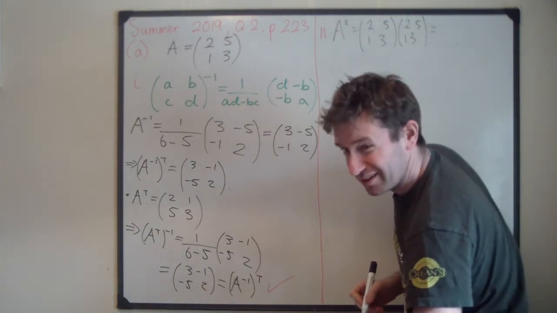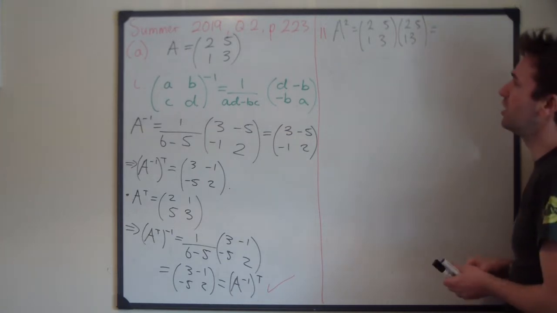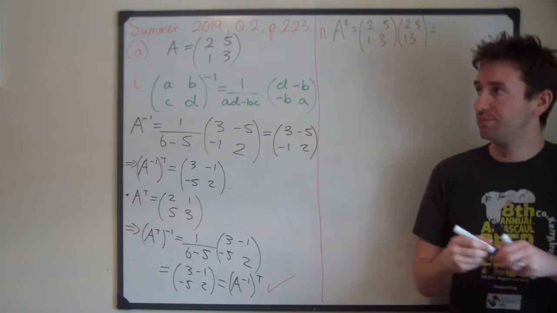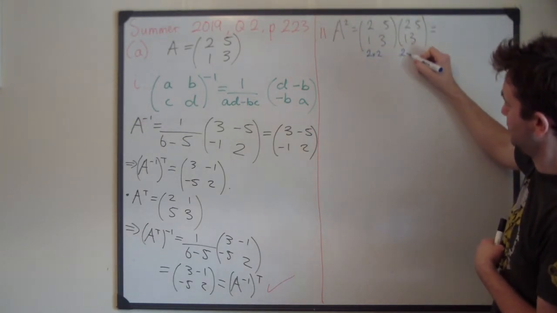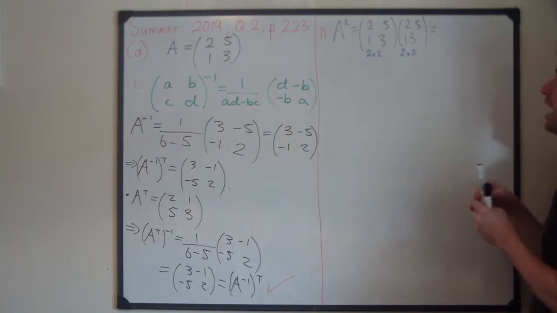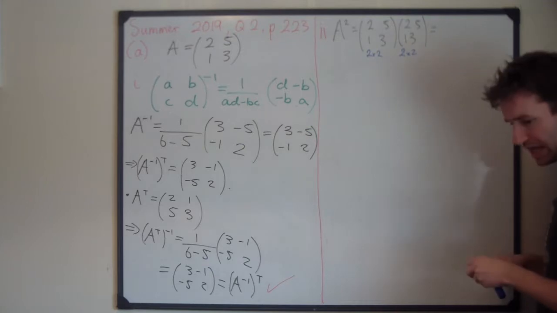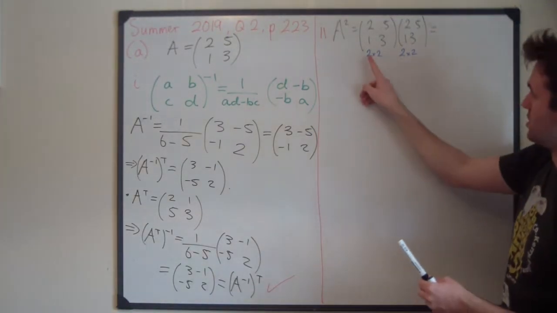If I multiply matrices, remember that what you need to do is look at the sizes of them. This is a 2 by 2, and this is a 2 by 2, and because these middle numbers match, you can multiply them together. What you're going to get out is a matrix that has size 2 by 2.